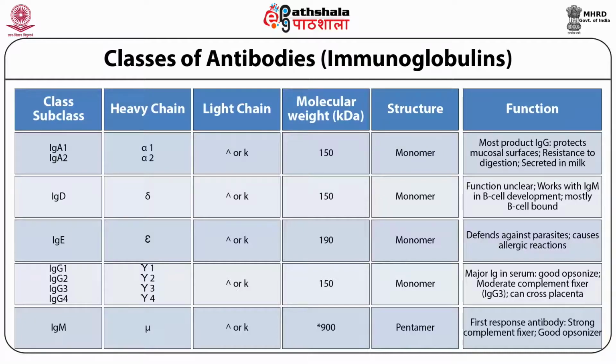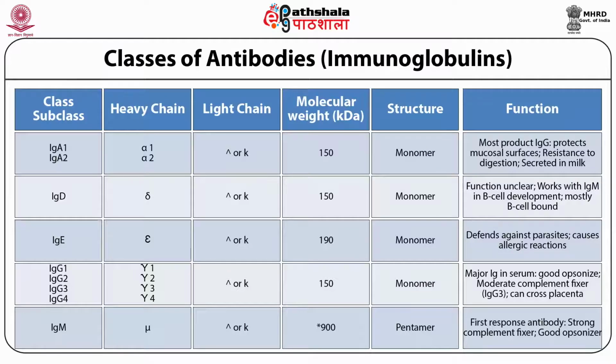It is the first antibody produced during infection, and it has very strong binding with complement, and it is a very good opsonizer. Opsonizer means that if this antibody binds with a phagocytic cell, it helps in more phagocytosis of the invading pathogen. So the first diagnostic antibody that you see is the IgM molecule.